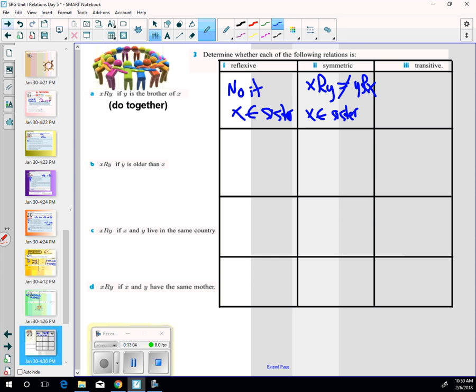And then transitive. If X is a brother of Y and Y is a brother of X, would this be transitive? Would the first one be a brother to the last one?